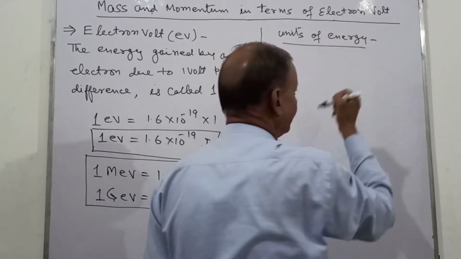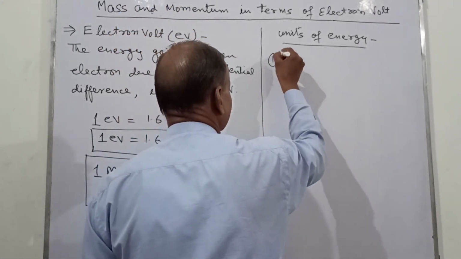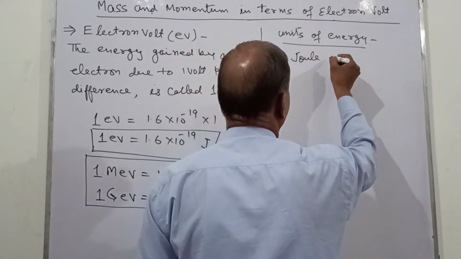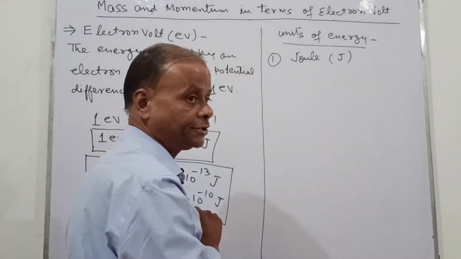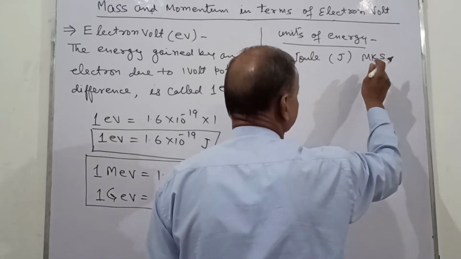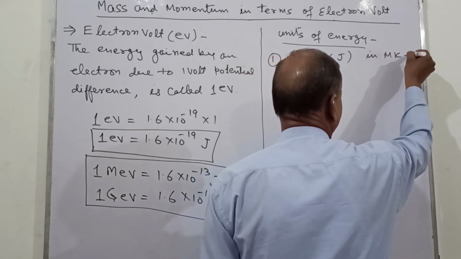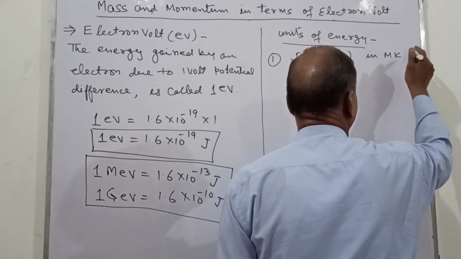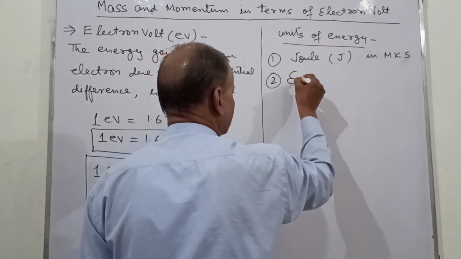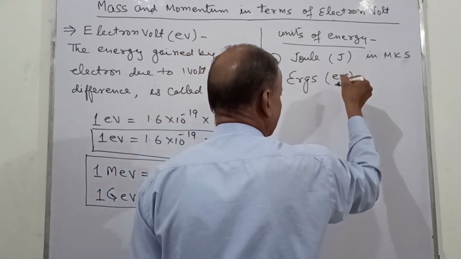Units of energy. Number 1, joule, expressed by J. This is the MKS unit. Number 2, erg.